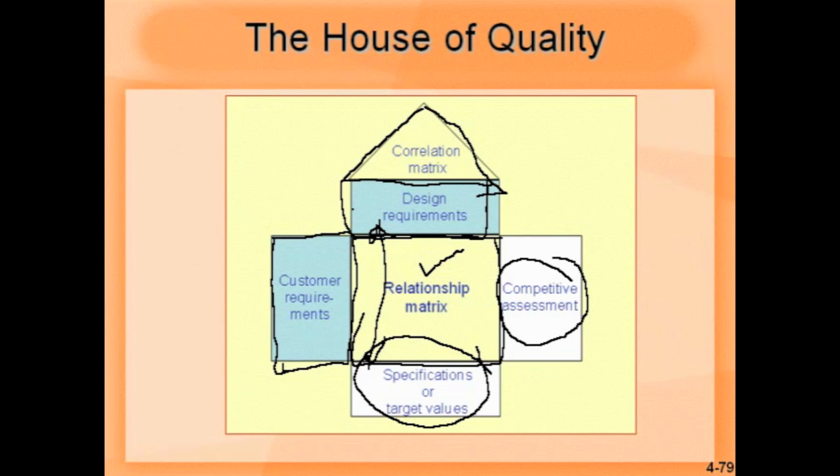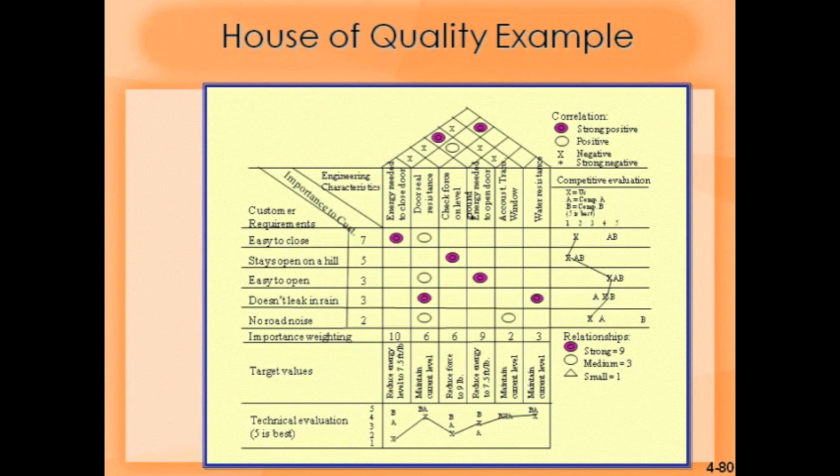So if you look at the example given on the next page, this is about the door of a car. So the customer requirements, if you see on the left room in the house, customer says, now sometimes customers may say very vague things, but then that has to be translated into technical requirements.